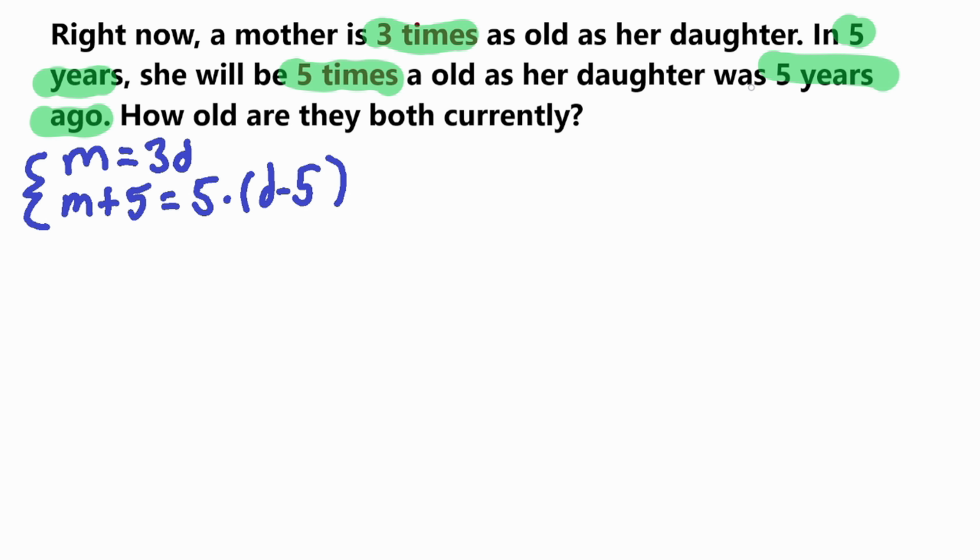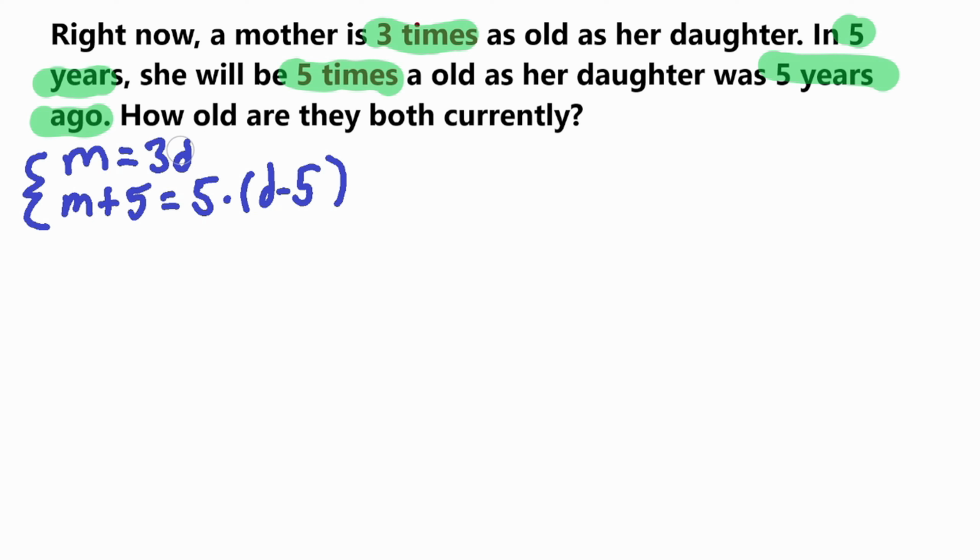So how do we do this? Well, in order to solve a system of equations, you want to plug in one of the equations for the other, and by doing that you want to set one of the equations to a variable. So as you can see, our first equation is set up perfectly for this. It is set to a variable, so M equals 3D. So there's just one variable on the left side.